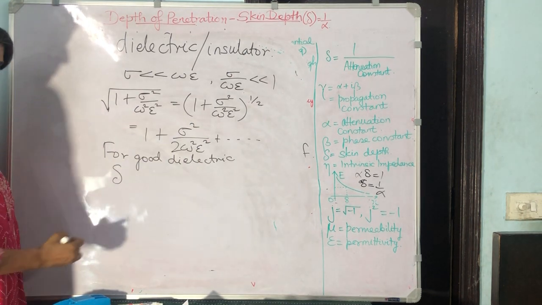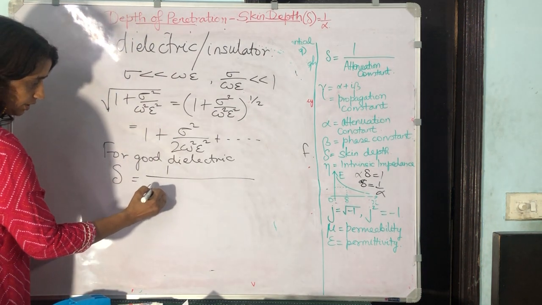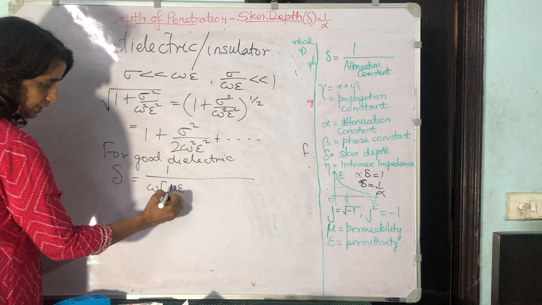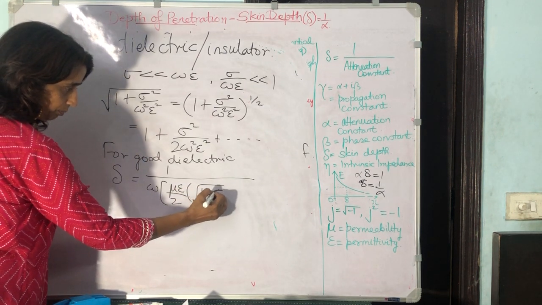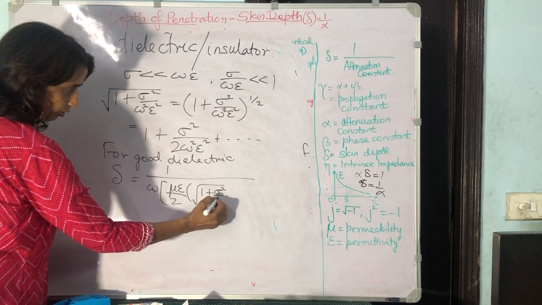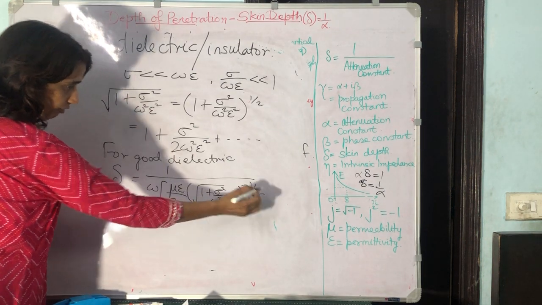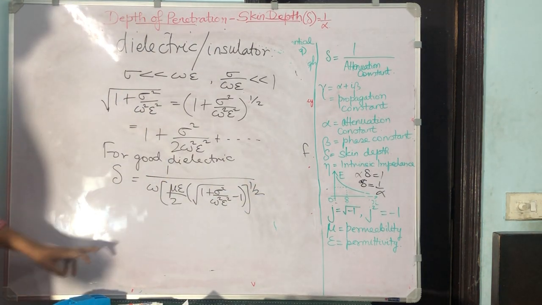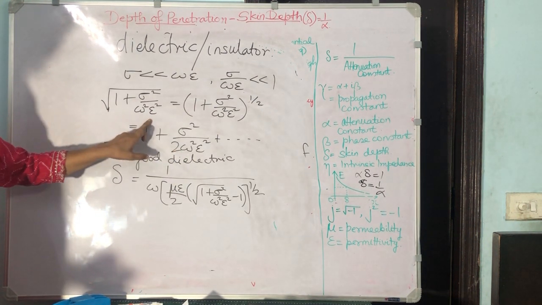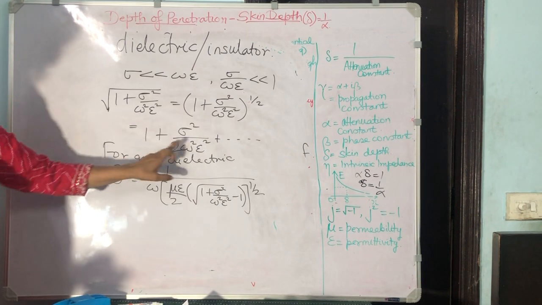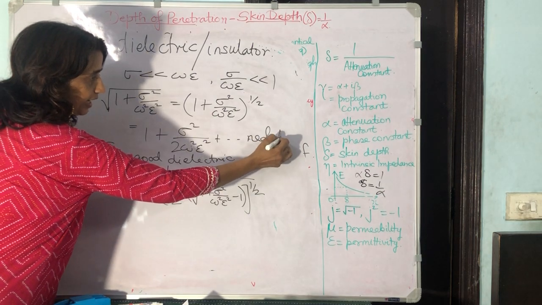Now for a good dielectric, skin depth, which is 1 upon attenuation constant, is 1 upon omega into under root mu epsilon by 2 into under root of 1 plus sigma square upon omega square epsilon square minus 1, to the power of half. Now in this term, we replace it with the binomial expansion, taking just the first two terms and neglecting the higher order terms.